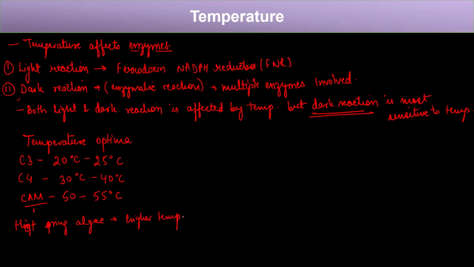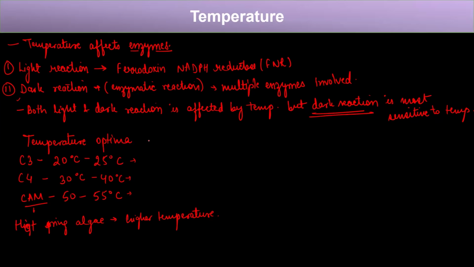We know C3 plants are grown at a normal temperature in a temperate region. C4 plants are grown in the tropical region. And CAM plants are found in deserts because these are succulents. So based on the habitat, the temperature optima is changing, right?